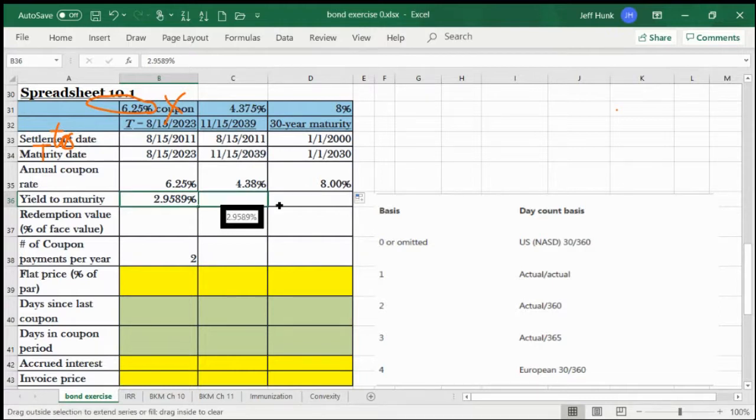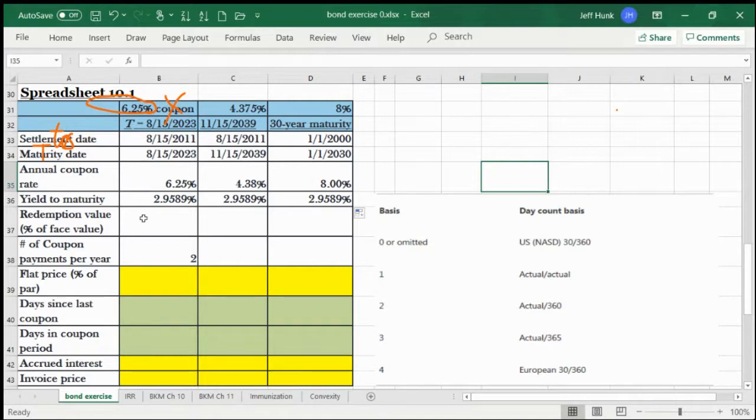Yield to maturity is the same through and through. It looks like they are all bonds of the same risk class, because bonds of a different risk class would have a different yield.